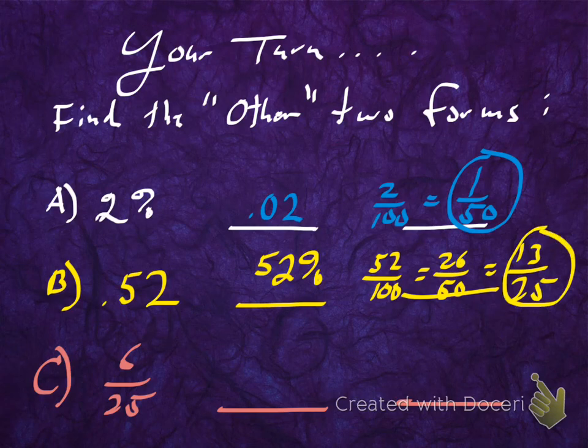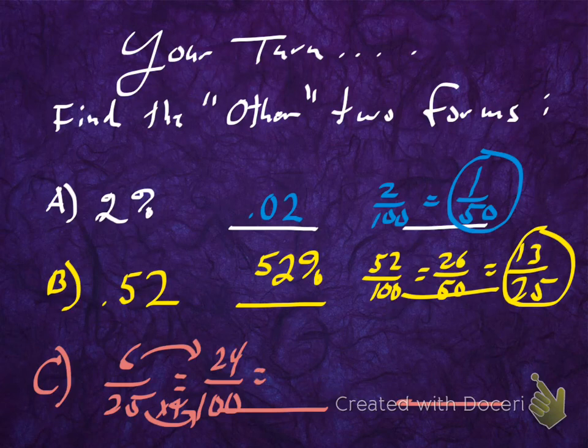Okay, 6 over 25, I'm actually going to cheat a little bit on this one. I'm going to go against what I just said. I'm going to change the bottom into something over 100 by just multiplying by 4. Okay, and that's partly because I just don't have enough room here to do the long division. If I multiply the top by 4, I'm going to get 24 over 100, and that reduces to 0.24.